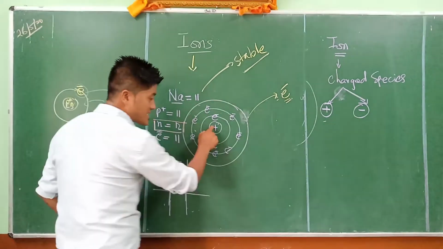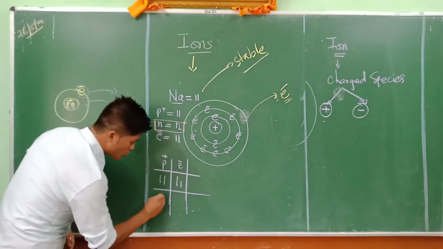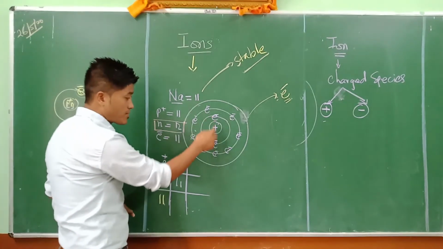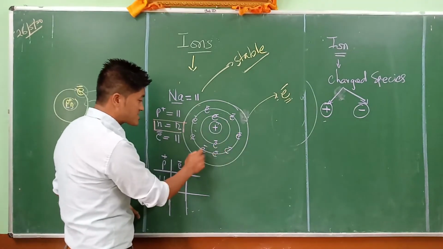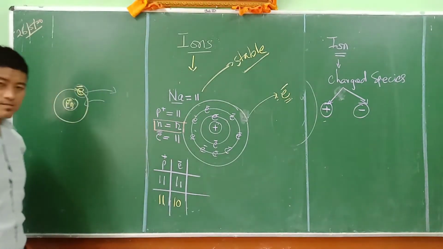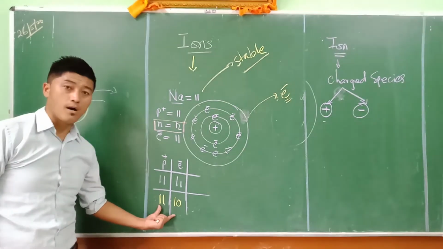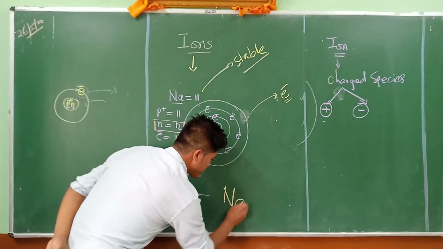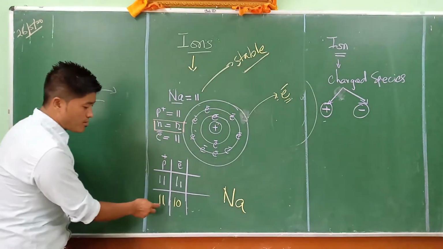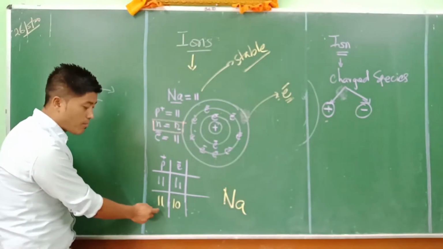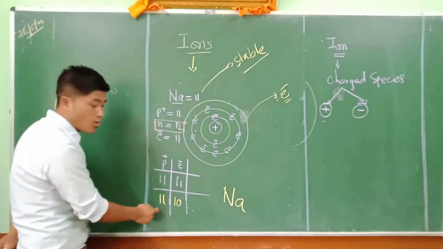Now we are going to consider this. How many protons at the center? Protons are going to be the same, that is always 11. Understand? Now how many electrons here? 1, 2, 3, 4, 5, 6, 7, 8, 9, 10. There are 10. Is that clear? Now there is a change in the number. Can you see that? Now sodium is Na. Which one is more in number, proton or electron? Proton is more in number. By how much? 11 and 10, by 1.